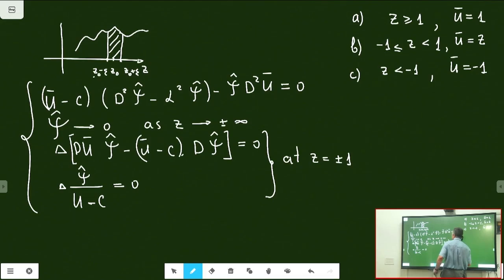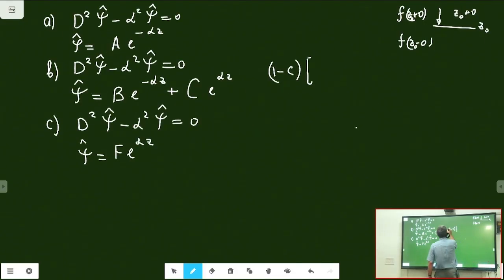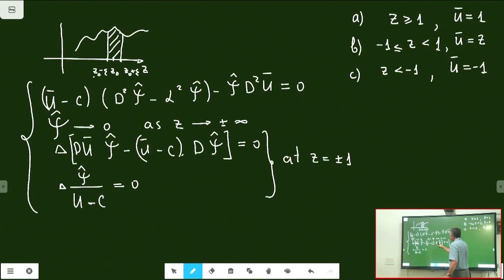I'll just preserve the syntax the way it appears here, but this term will be gone. There will be a minus in front of it, multiplied by the derivative of that.